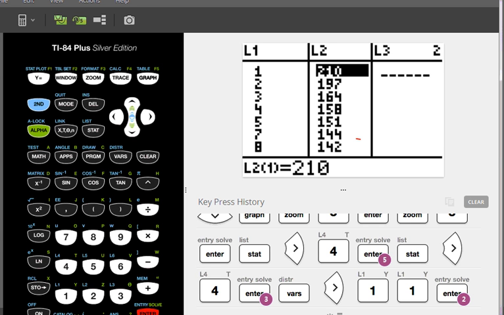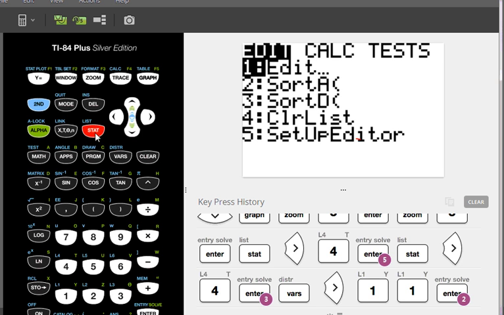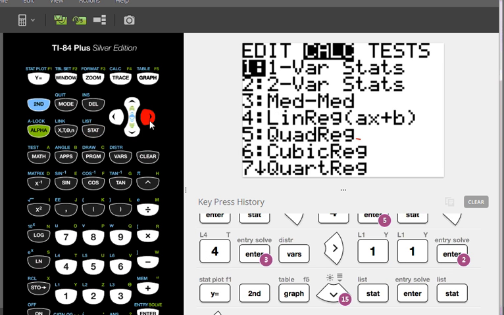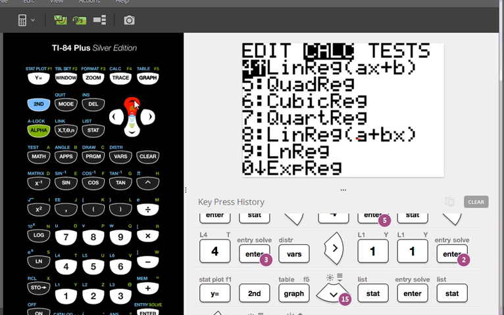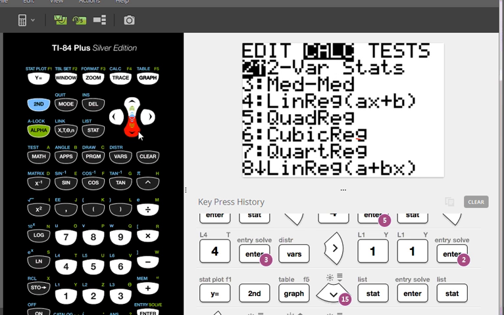Okay. So I'm going to choose Stat, Calc. And honestly, I think for the purposes of our exam and what we have as far as our expectations, we're going to stick with that linear regression line. So we're going to stick with Stat Calc 4, which is right here.